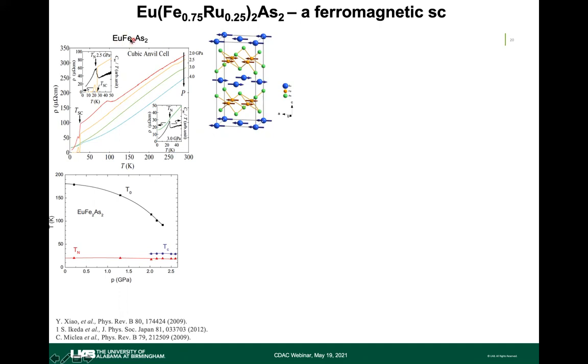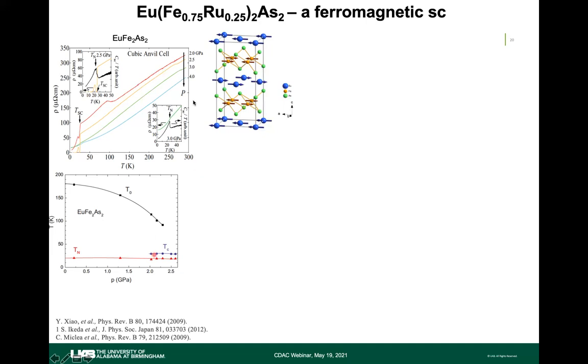The superconductivity only shows up between 2 and 2.5 GPa, depending on the pressure medium. But the superconductivity pressure boundary is very, very narrow, so it goes away at higher pressure.